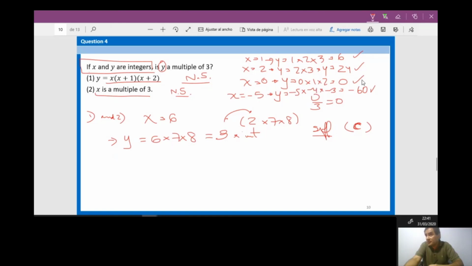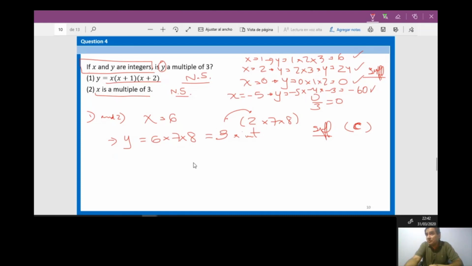Then you can take a chance and say, okay, same pattern, always the same answer to the question, it is sufficient. Just in case you don't know enough theory to assess this statement. Why? Because there is an actual property that guarantees that y will always be a multiple of 3.